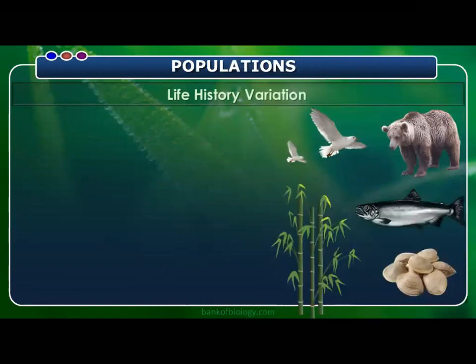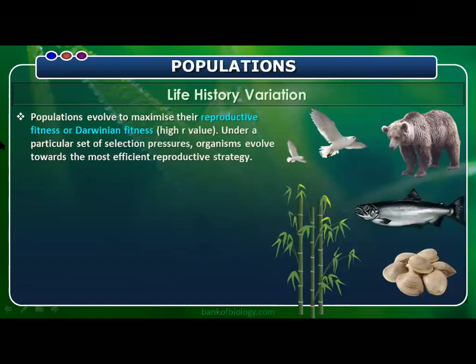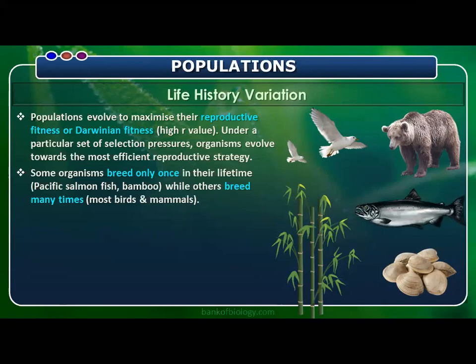Finally, life history variation. Populations evolved to maximize their reproductive fitness or Darwinian fitness. We call it a high r value. Under a particular set of selection pressures, organisms evolved towards the most efficient reproductive strategy.